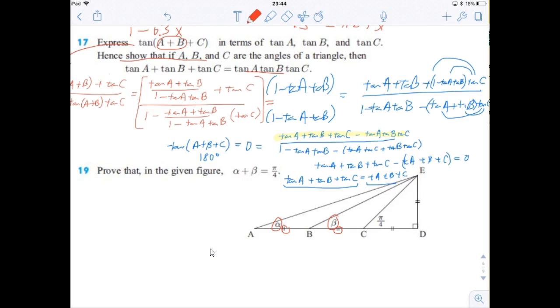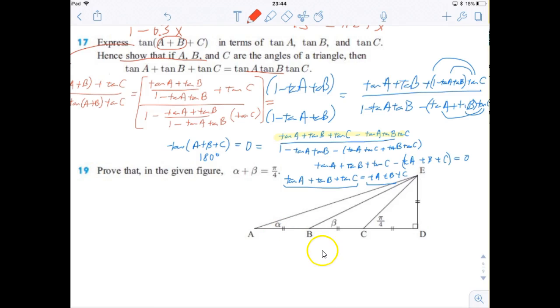The tangent is 1. So let's try to make an expression with alpha and beta and pi over 4.